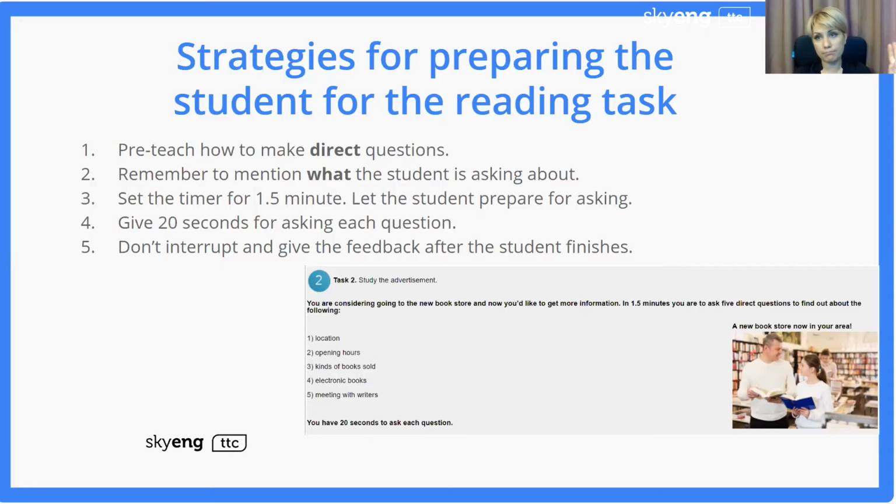So that's like the same thing. The main idea here is to teach them how to make direct questions and how to connect these questions to the topic. In my opinion, this task is even simpler than in OGE, where they have to comprehend the question and to answer it.